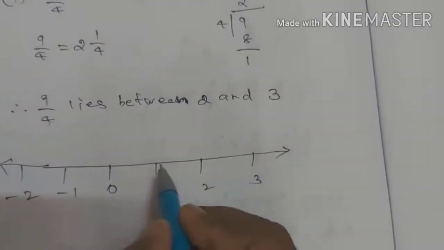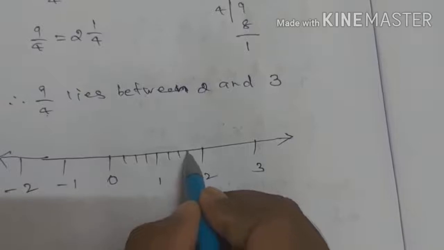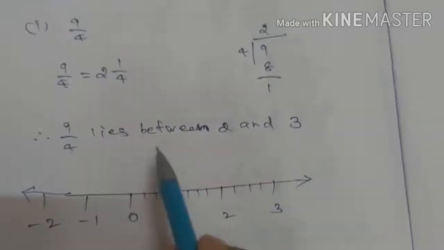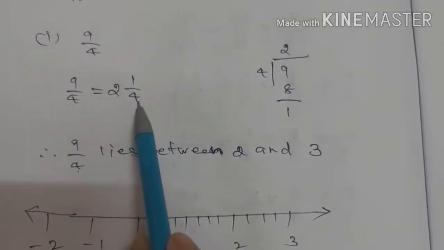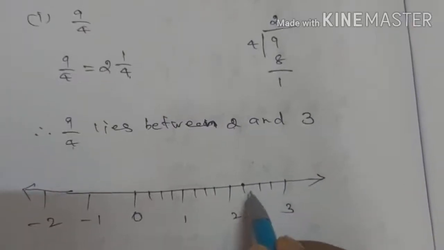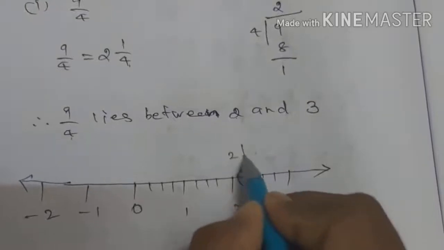So 0 to 1, 1 to 2, 2 to 3, and we divide the unit into 4 parts. The first one is 1/4, so 2 1/4. So I am marking the value 2 1/4, that is 9/4.